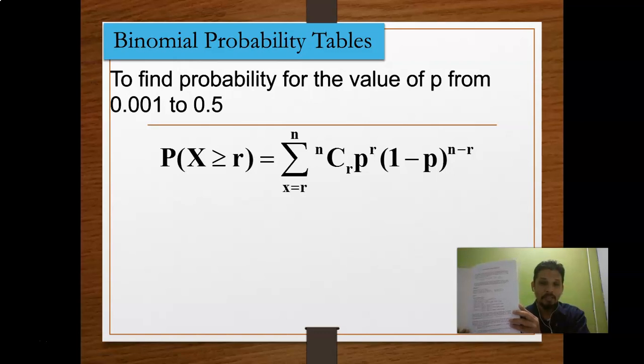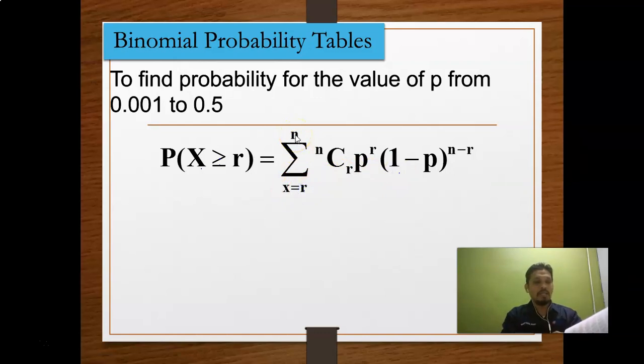The value that we get from this table is based on the probability of x greater than or equal to r. It is a summation, and we call this formula from x equal to r until x equal to n.